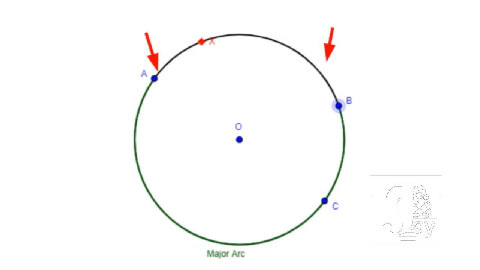So this is the major arc, the minor arc, and the major arc. Both these arcs complement each other to form a whole circle.